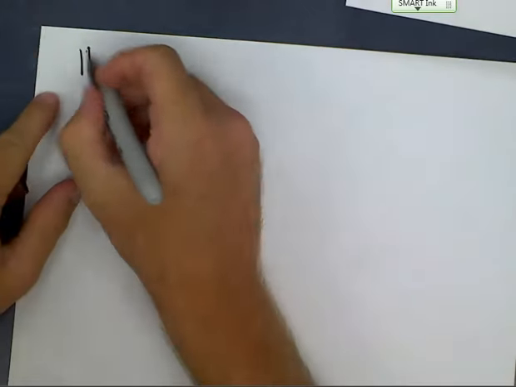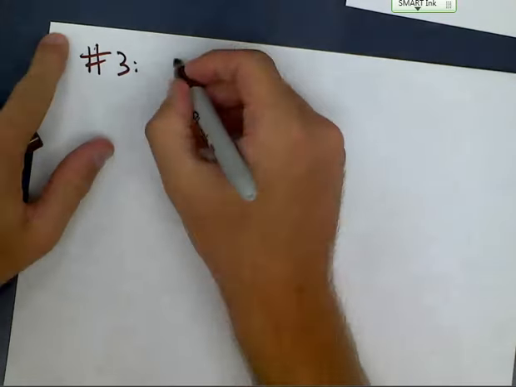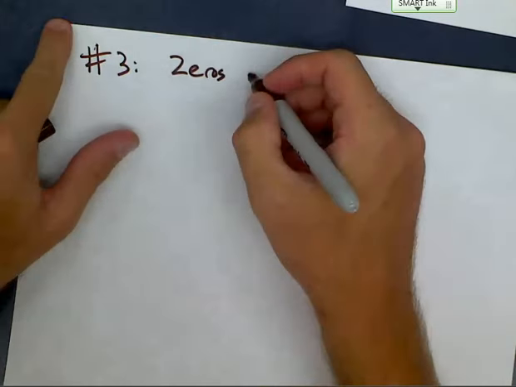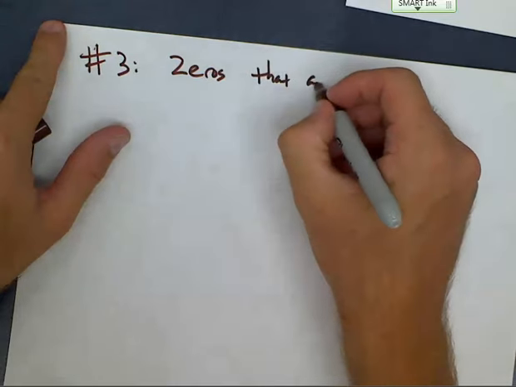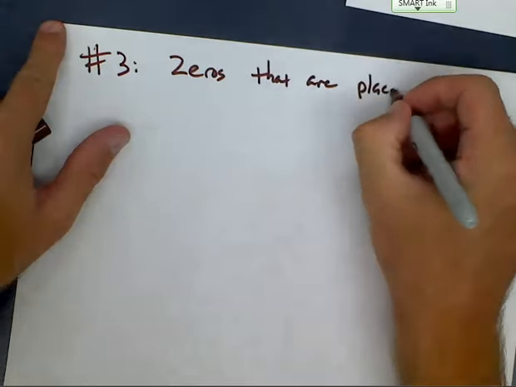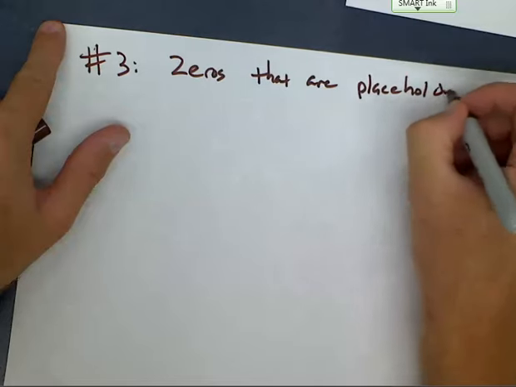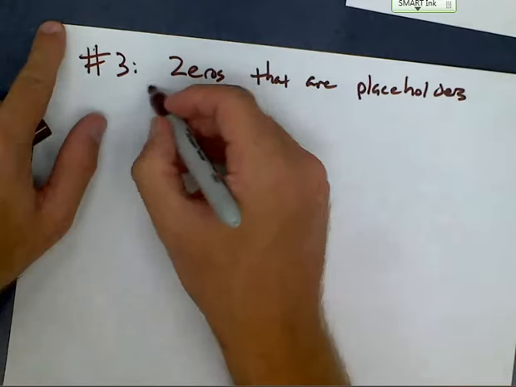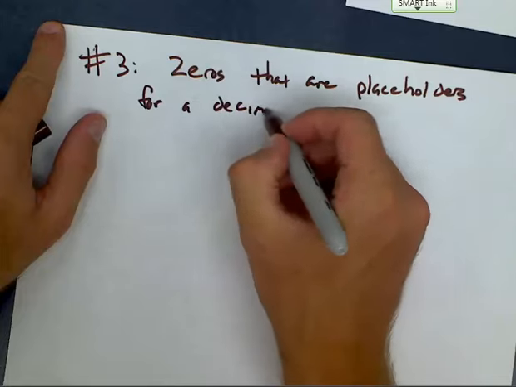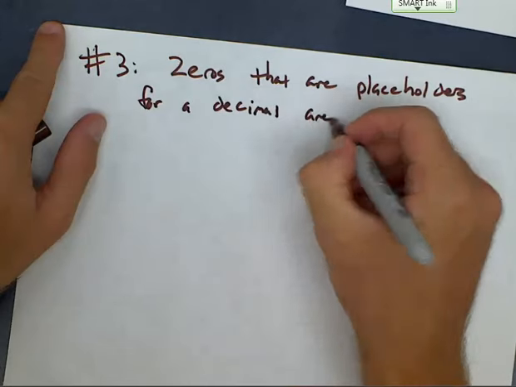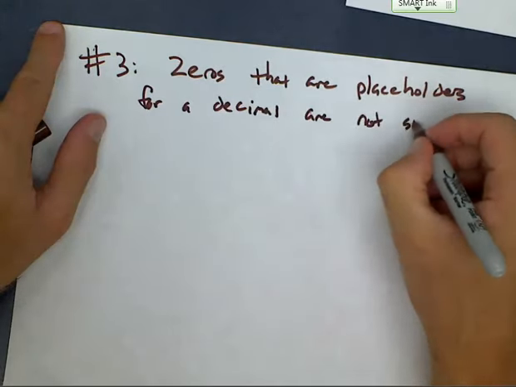Rule number 3. Zeros that are placeholders for a decimal are not significant.